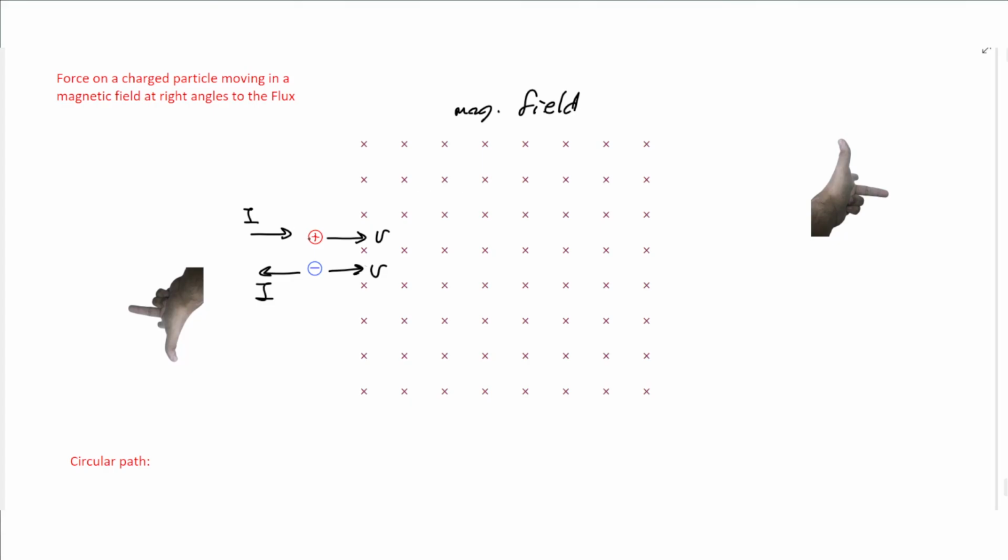So if there is a positive charge moving to the right, there is a current to the right. And if there is a magnetic field into the page, it is usually represented by an X. If it is going out of the page, it will be represented by a dot and a circle. In this case, it's into the page, so the force will be upwards. So this charge will curve towards the top of the page.